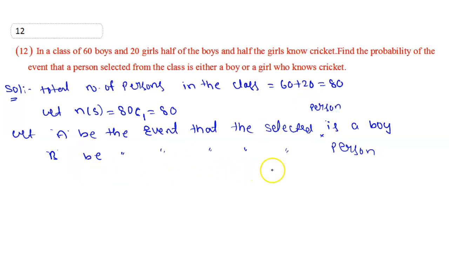And let B be the event that the selected person is a girl knowing cricket.